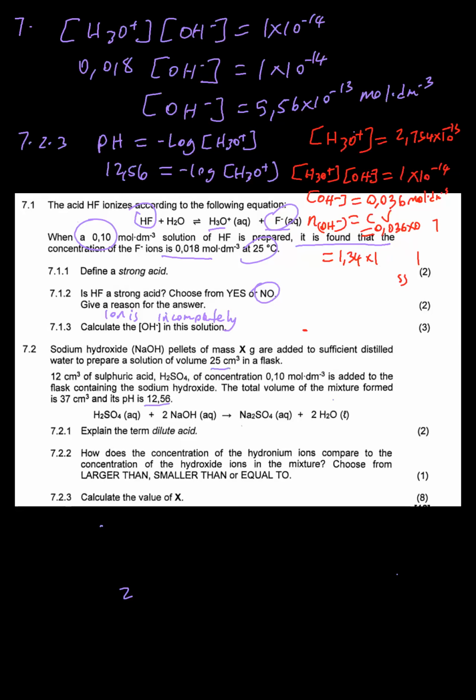Times 10 to the exponent -4, so it's 0.37, converting this to -3. Then the answer is 1.332 if rounded, times 10 to the exponent -3.